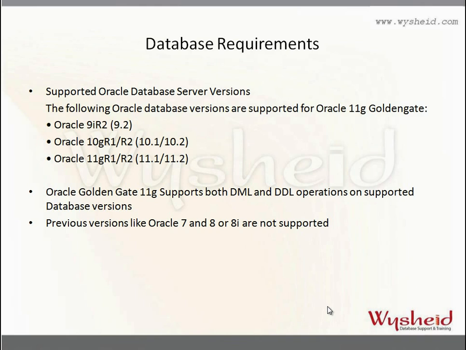So it means that you can set up a Golden Gate environment between source database being Oracle 9i and the target database being Oracle 11G release 2. Previous versions like Oracle 7, 8 or 8i are not supported by Oracle Golden Gate 11G.